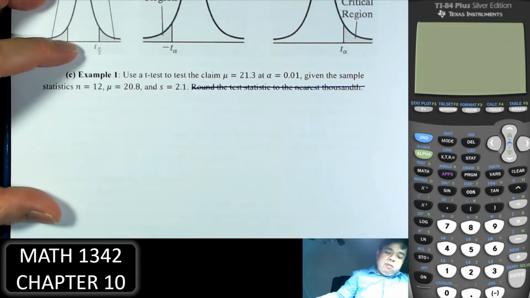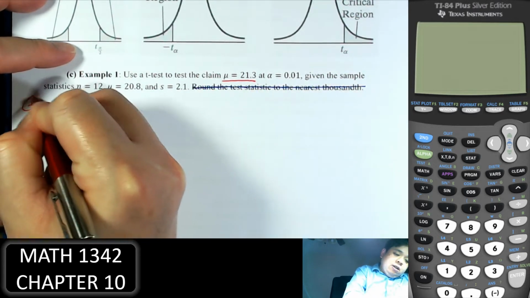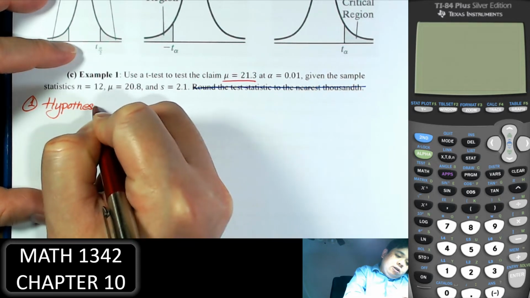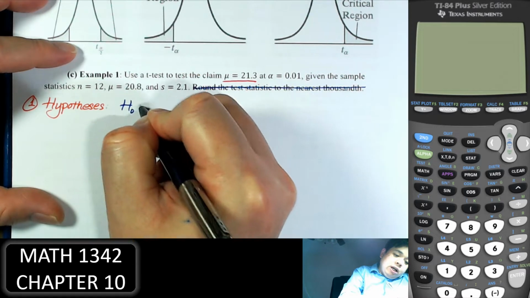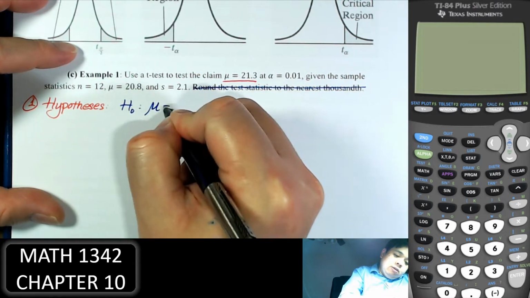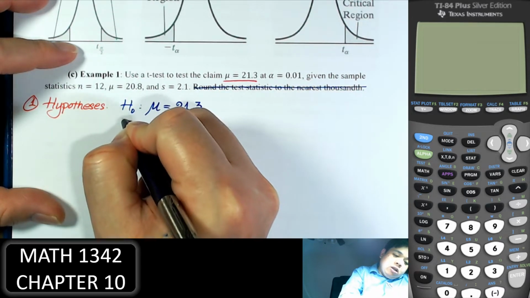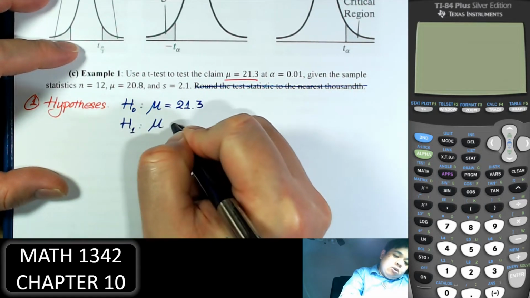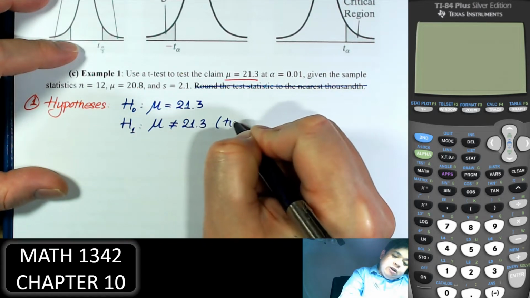Now, first the hypothesis. The claim has the equal to, so it has to be the null hypothesis. This one doesn't say less than or greater than, so we just say it's not equal to, and that is the two-tail.